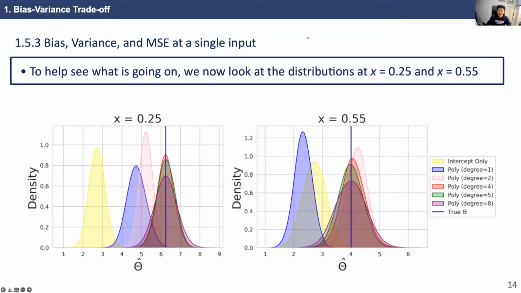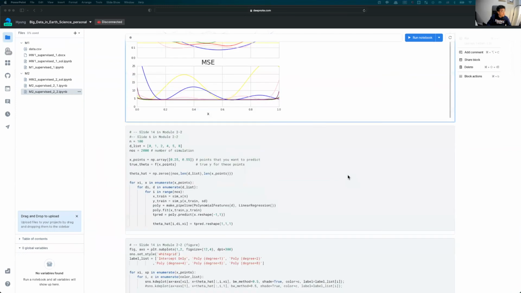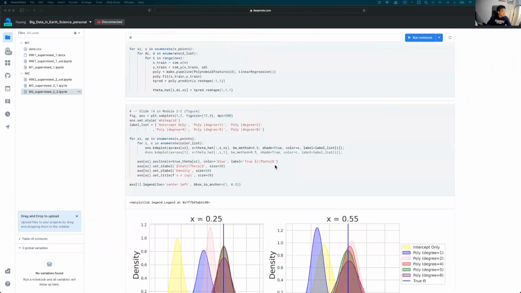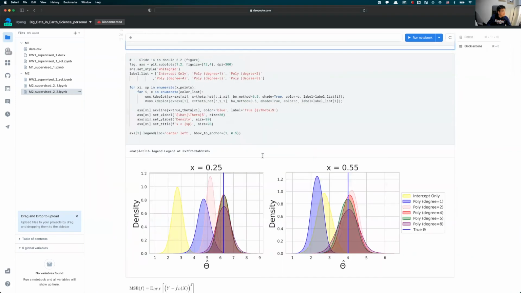As you can see from here, the estimated value for X when X is 0.05 or X is 0.55, the theta hat, which is the predicted value from different polynomial models, can be very different even if we use the same degree polynomial model. So please look at this code line here to understand what I just said.